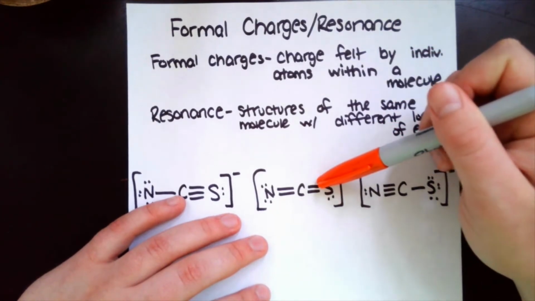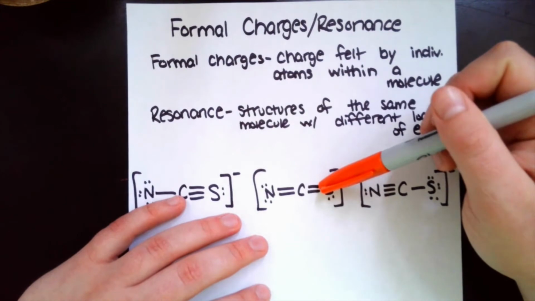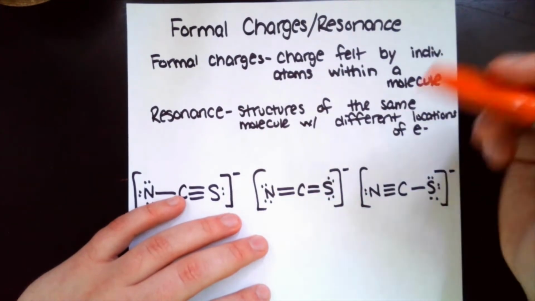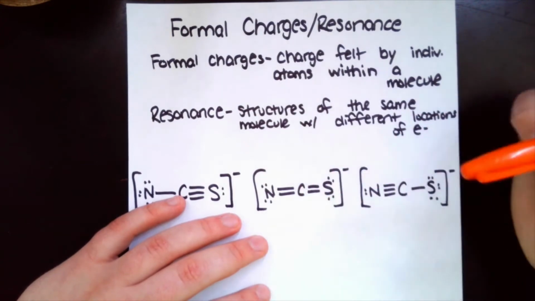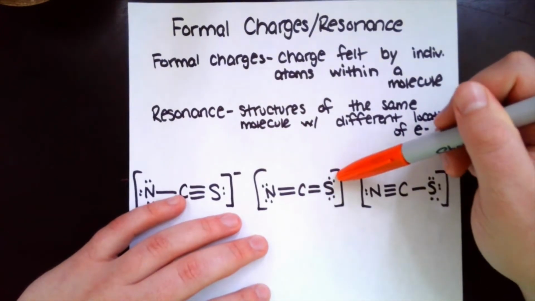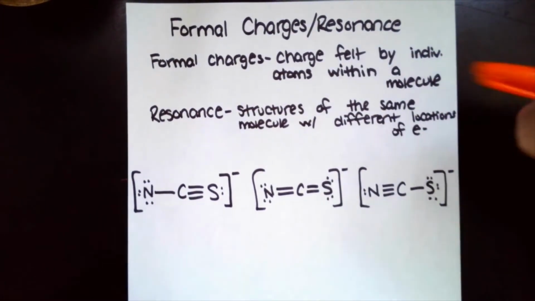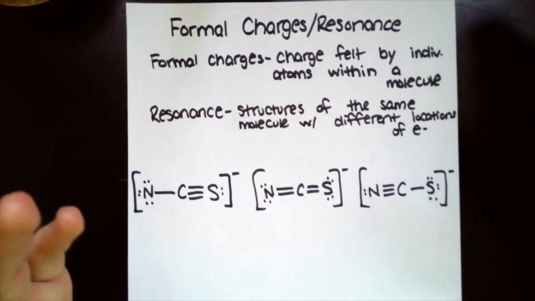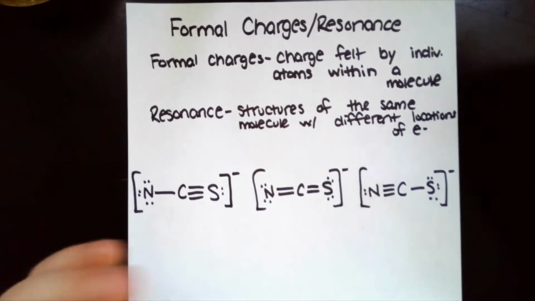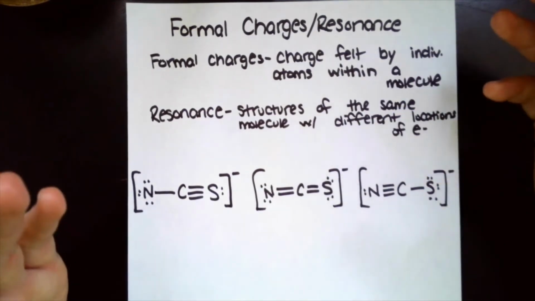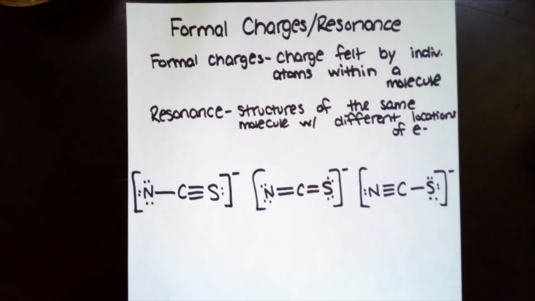Those areas of high electron density, if they're in bonding orbitals, which is a concept I'll touch a little bit on next chapter, we show them as a bond, and if they're in non-bonding orbitals, we show them as a lone pair. But some molecules, like this one for instance, have different perfectly plausible ways that those electron densities could be mapped out. So we need to draw resonance structures.